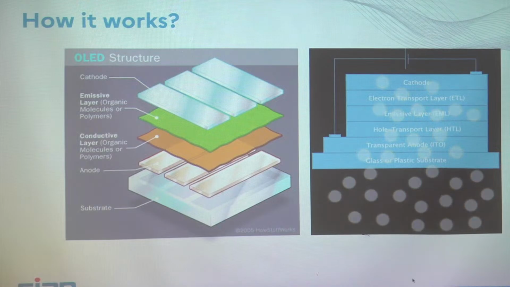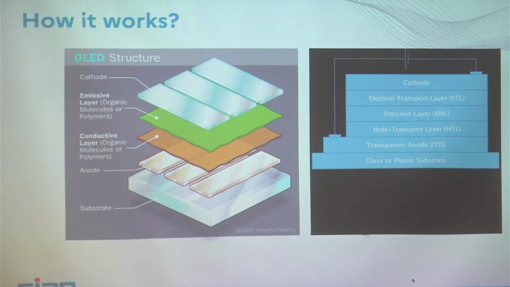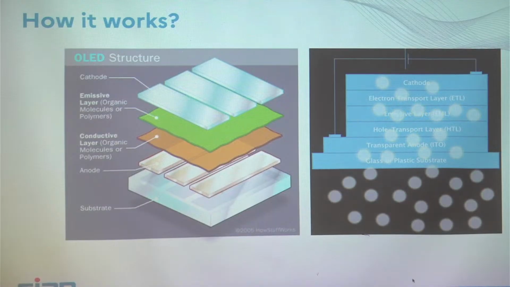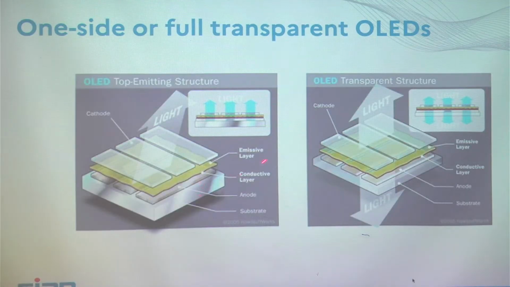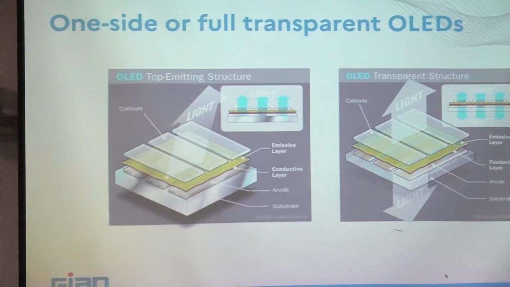You have annihilation, and the energy difference goes out as light. And you can do it as you want: top emitting, bottom emitting, or fully transparent devices. Well, on paper it seems easy. To achieve it is very complicated, but it is doable.